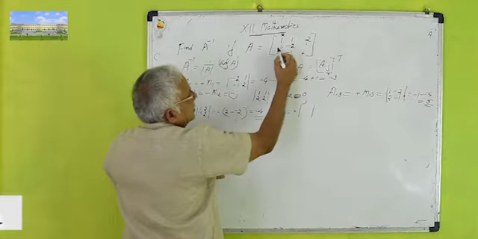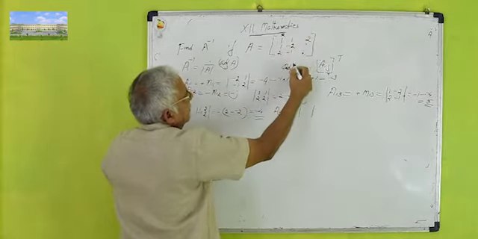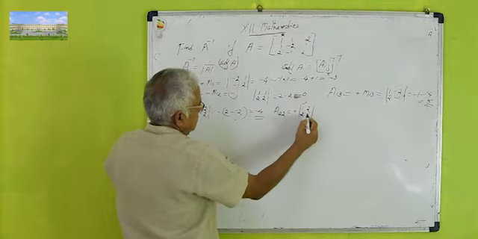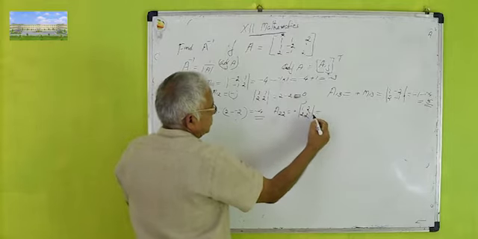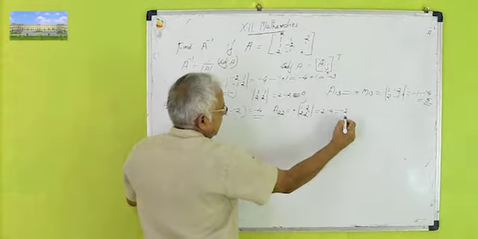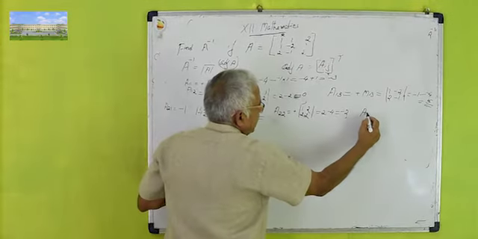Delete the second row and the second column: 1, 2, 2, 2. The result is 2 minus 4, which is -2.